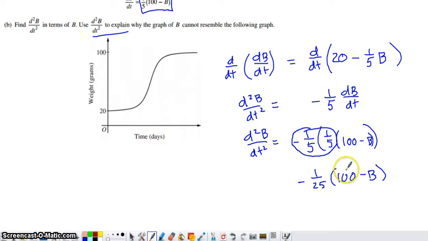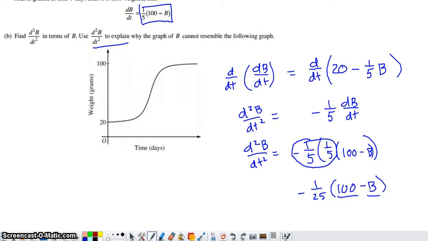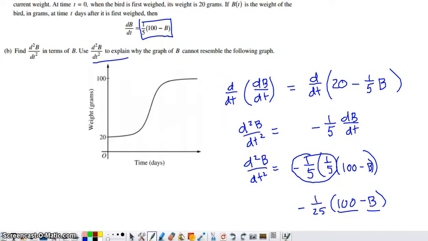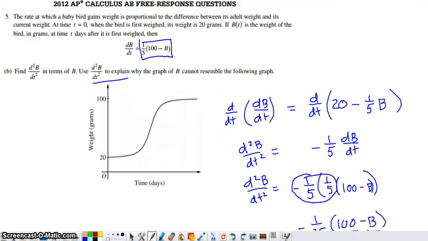Now, think about what this represents. In the problem statement, which we discussed a little bit in part A, the problem statement said that the baby bird gains weight at a rate proportional to the difference between its adult weight and its current weight.